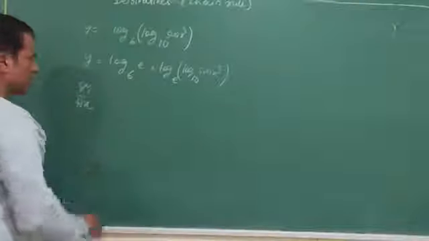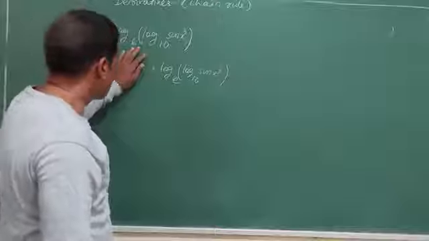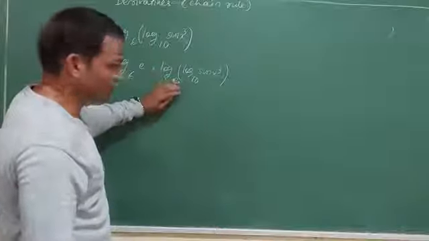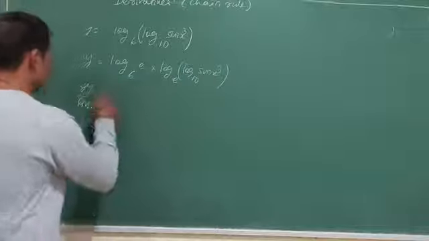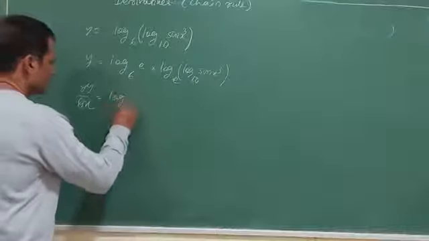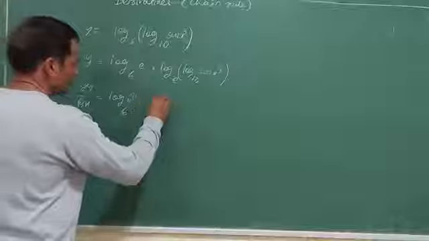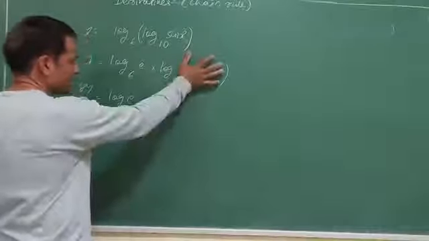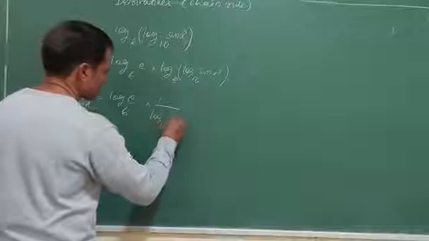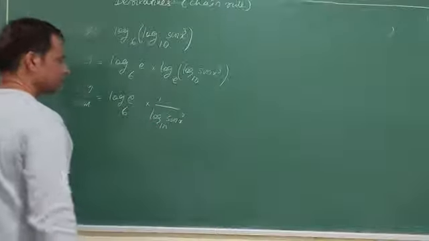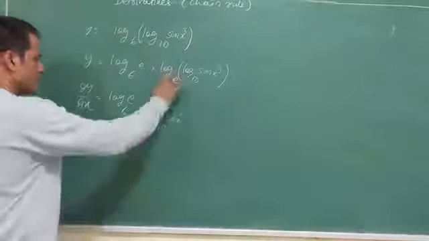Why can I go for the derivative? This is a constant term multiplied, so keep it silent. Log base e, this is a variable term, treat this one as x. Log 6 base e, 1 by x, I have treated this one as x, log 10 sin x cube. Its derivative I got.